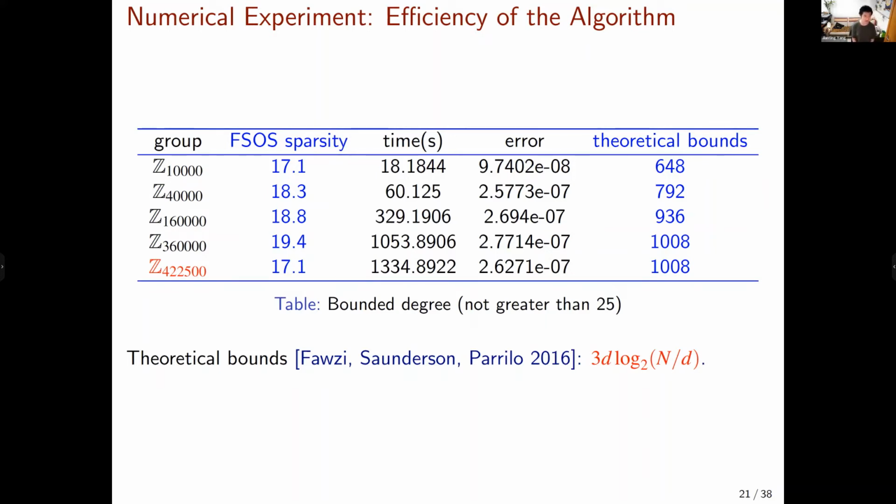Firstly, we find that the sparsity of the output is much sparser than the theoretical bounds, and we can compute a function on a group whose cardinality is up to 500 million in half an hour.